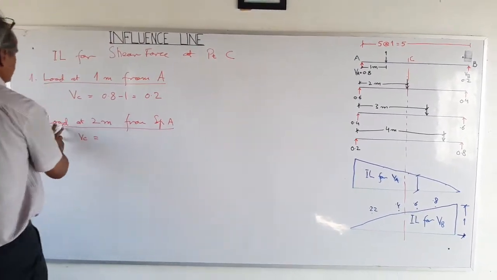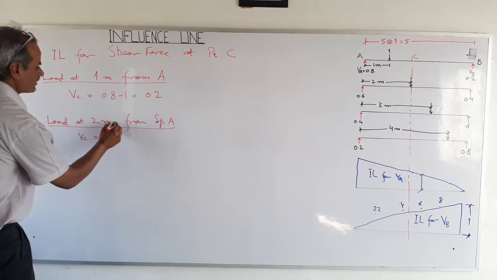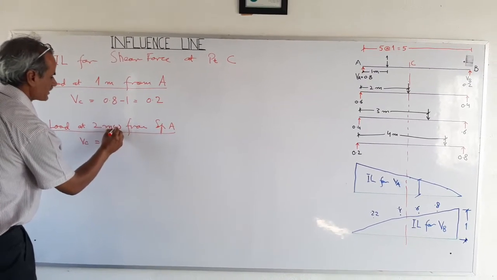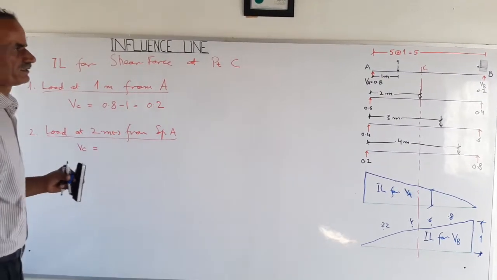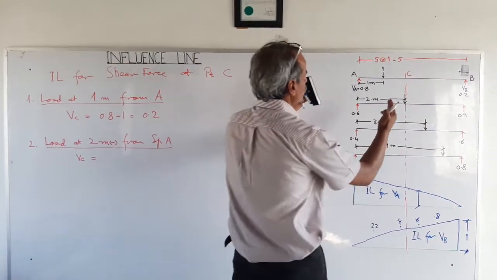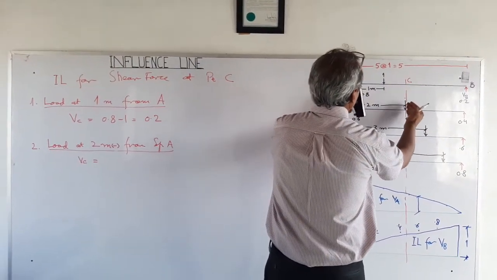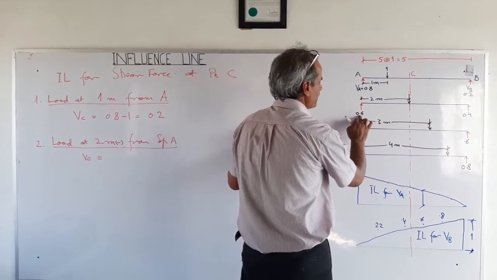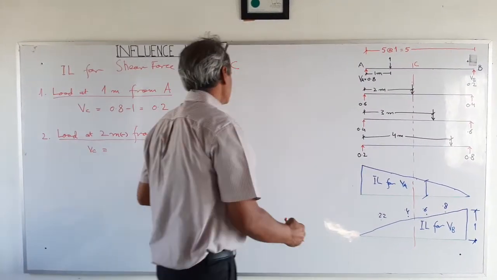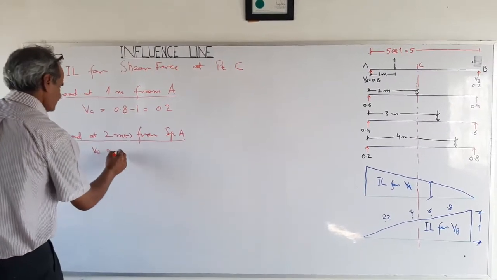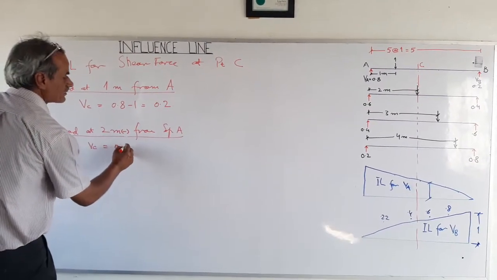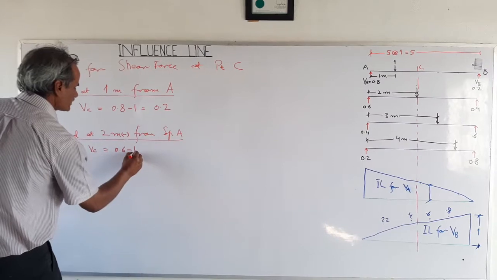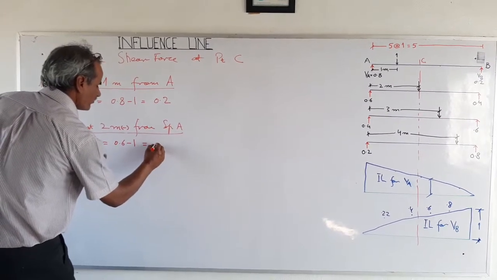So when the load is at 2 meters, say a little minus of it, the upward force is 0.6 and the downward load is minus 1. So it is 0.6 minus 1, which is equal to minus 0.4.